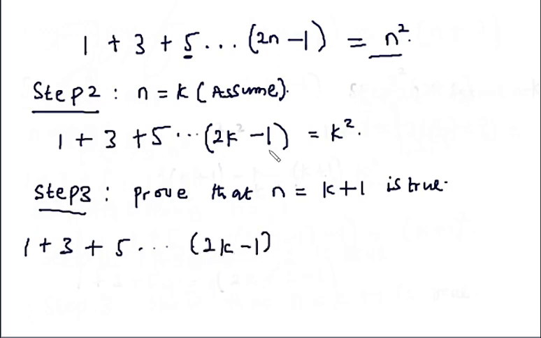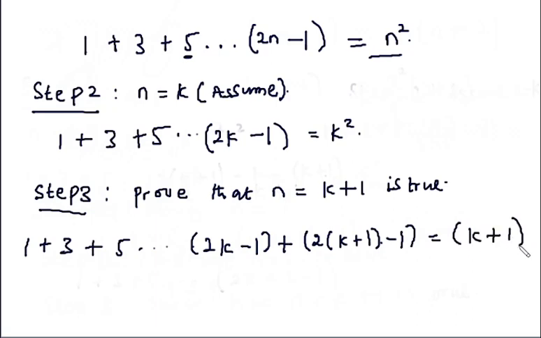The next term after 2k minus 1 is plus 2 open bracket k plus 1 minus 1, because we are looking for the next term after k. So this is now equal to open bracket k plus 1 squared.